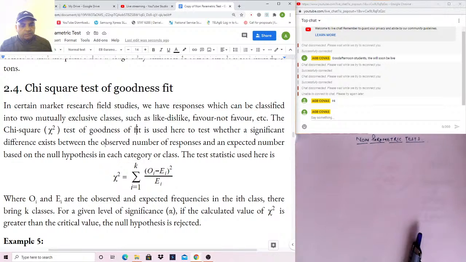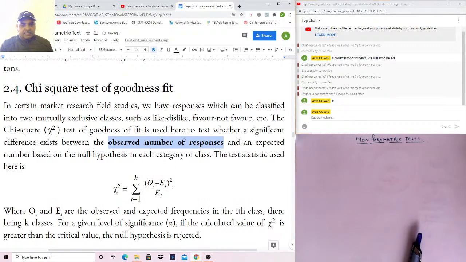So what you will be given is the observed number of responses, and in a one sample test what you have to do is find out the expected number based on the null hypothesis. What your hypothesis is. We will do an example of it, so you will be in a better position to understand this.